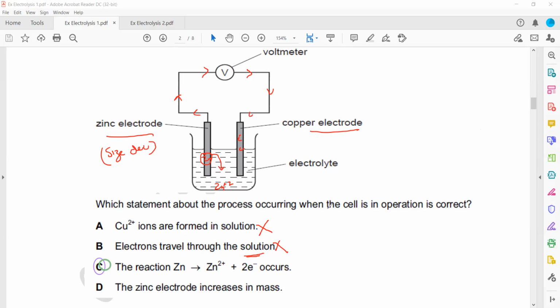So this cannot happen. Then the reaction: zinc atom turns into a zinc ion. That's true, this is what happens. At the zinc electrode, zinc is more reactive, so it will turn into a zinc ion by loss of electrons. Does the zinc electrode increase in mass? It does not increase the mass, it decreases the mass. That's why C is the right answer.